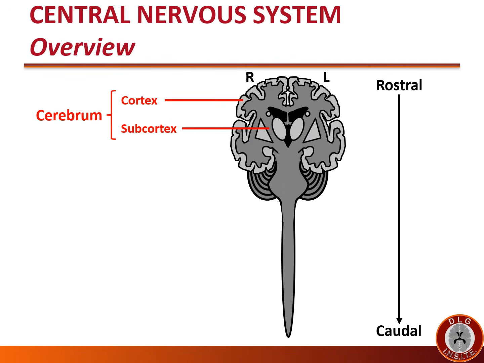The next few slides present an overview of the central nervous system, progressing from rostral to caudal direction, from the top of the head to the bottom of the spinal cord. On this slide, we see the cerebrum consists of the cortex, the outer part, and the subcortex underneath it.